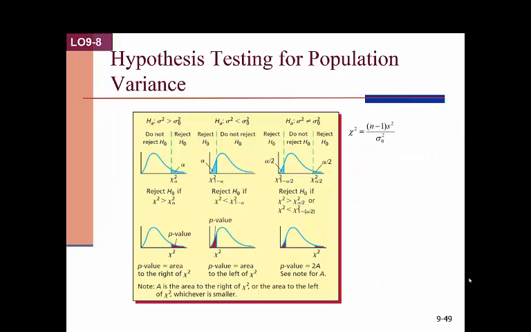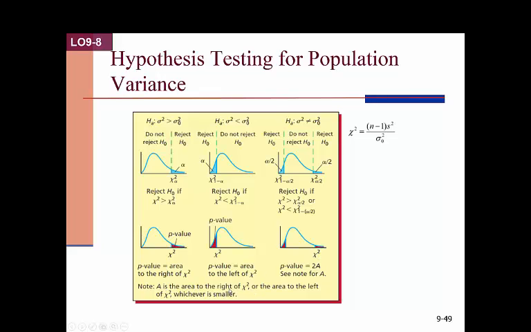This table summarizes this, and you can pause it right here. You can compare the chi-squared statistic with the chi-squared critical value, or you can compare the p-value. I've put in a note that when you're doing a two-sided test, you find the area to the right and the area to the left of the chi-squared value, and you pick the smallest one.